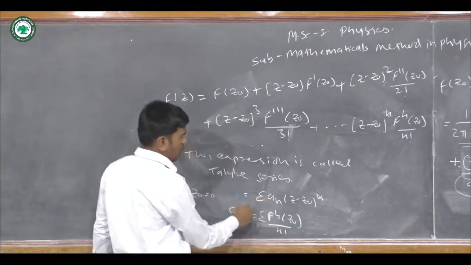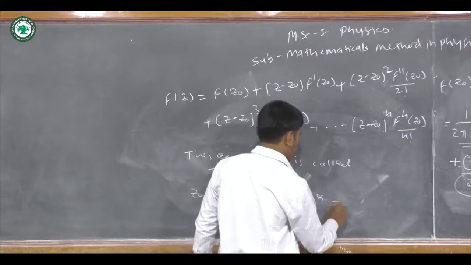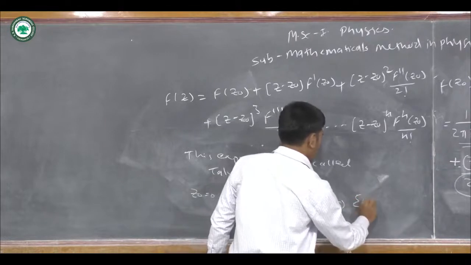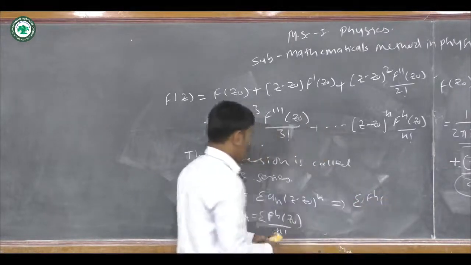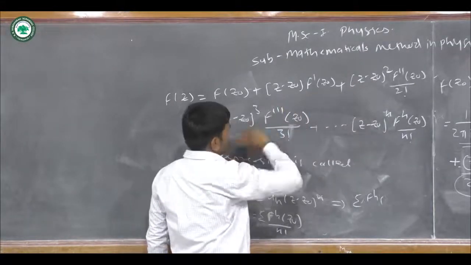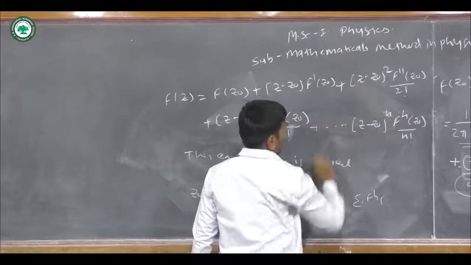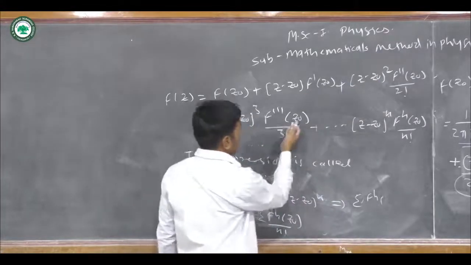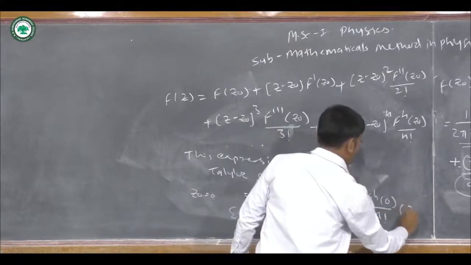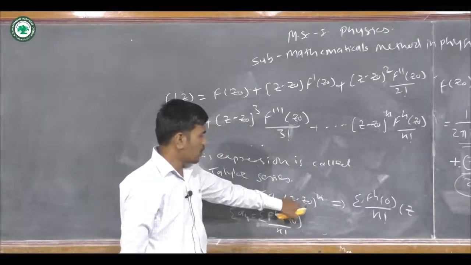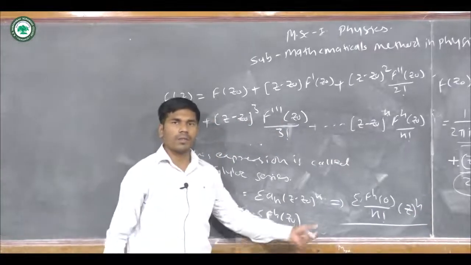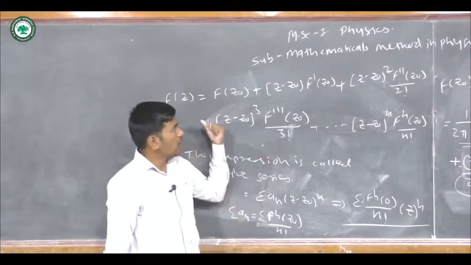If we consider z naught equal to 0, this becomes z squared, z cubed, like that. Here f power n at 0 divided by n factorial, and z minus z naught is z, so z power n, and this series is called the Maclaurin series. So this is a special case of the Taylor series.